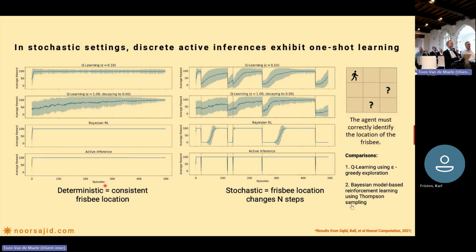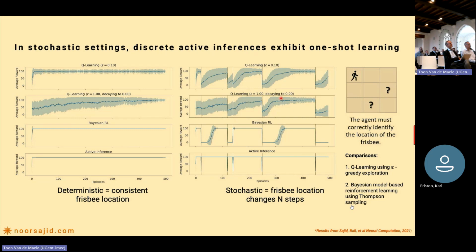So in the deterministic case, what we can see is that all agents, irrespective of the algorithmic formulation in this simplistic setting, are able to perform really well. In the stochastic setting, where the rewarding location is changing after every n steps, here denoted by this gray line, we can see this really nice performance convergence in the active inference agent, where we have this one-shot learning happening after every n steps where the rewarding location changes.